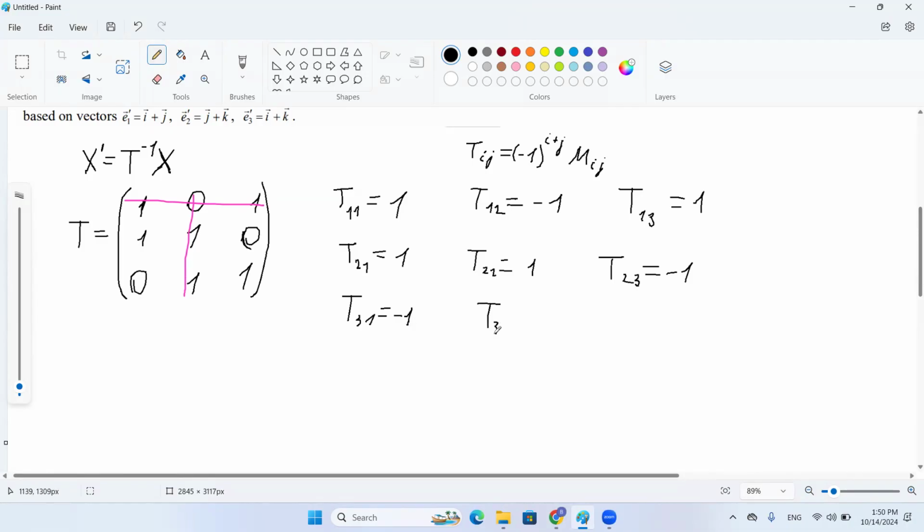Then T32 equals 1. T33 equals 1. Now let's calculate the determinant of matrix T.